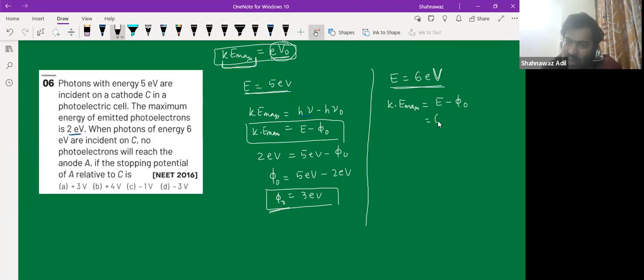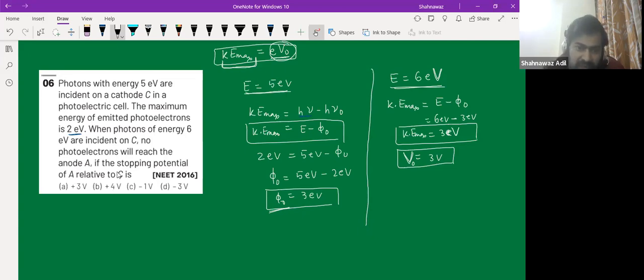So E is 6 electron volt, minus 3 electron volt. So what is the maximum kinetic energy with which the electron is emitted? 3 electron volt. And whenever the energy is given in electron volt, you can just write it in volts. So this would be simply 3 volts.